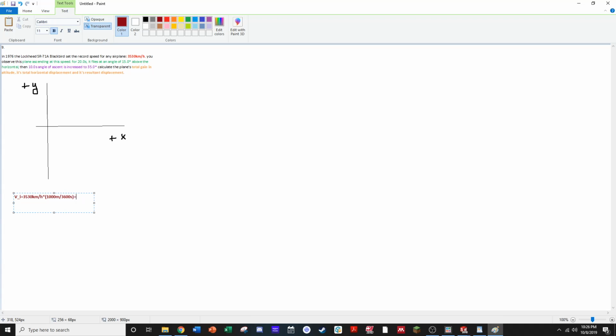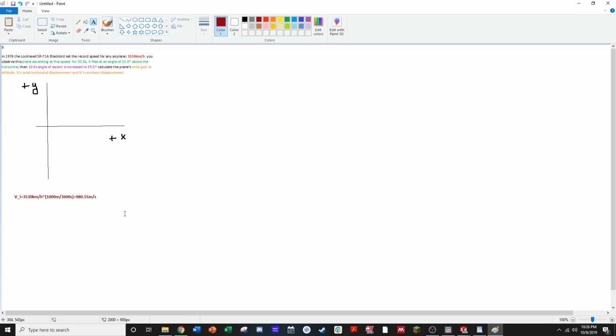And that's actually going to end up being 980.55 meters per second. So that plane is hauling. Okay? Now, a couple of our formulas that we are going to need to know.